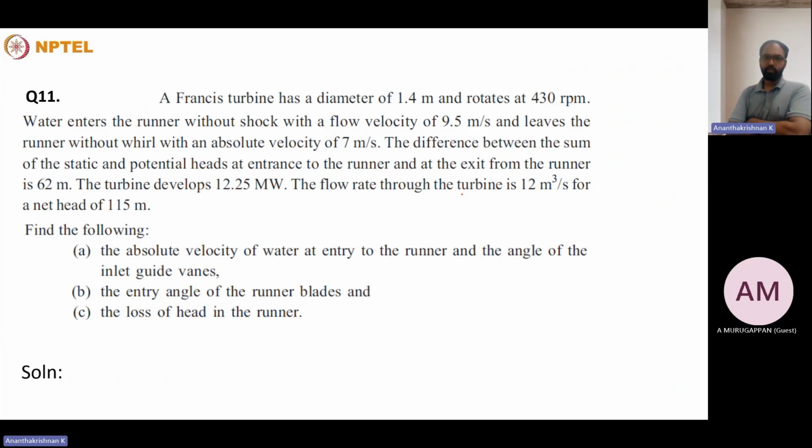One is the absolute velocity of the water at the entry and the angle of inlet guide vanes, the entry angle of the runner blades, and the loss of head in the runner. So before solving, we need to draw the velocity triangle.